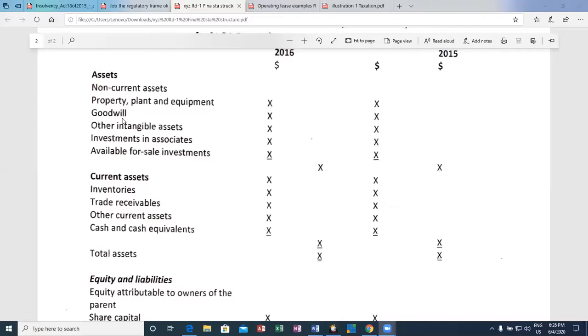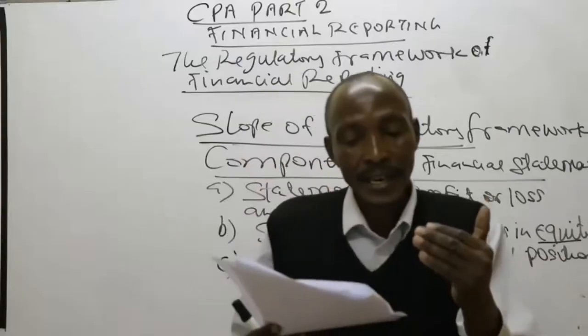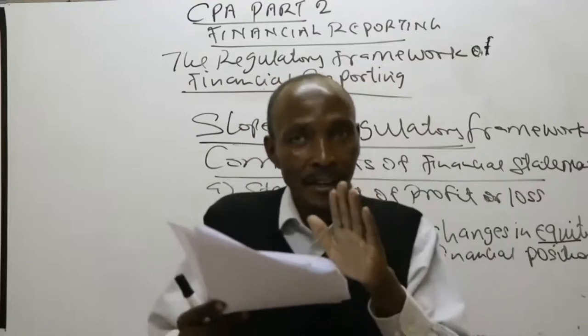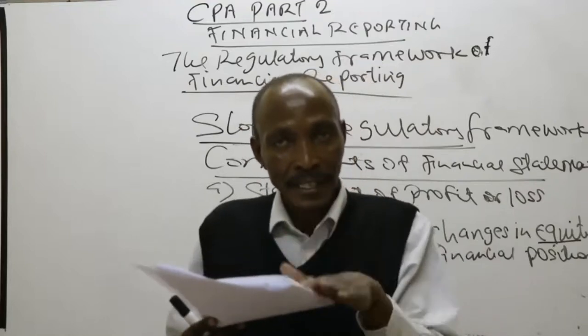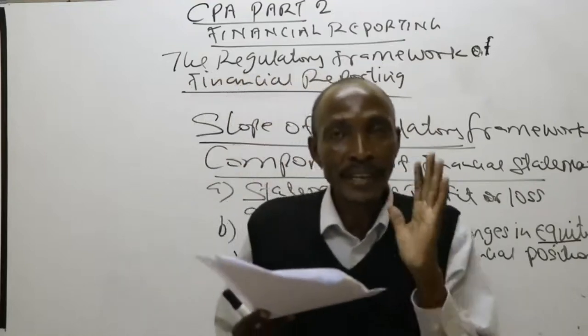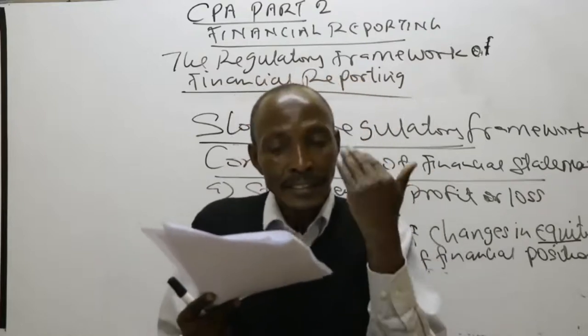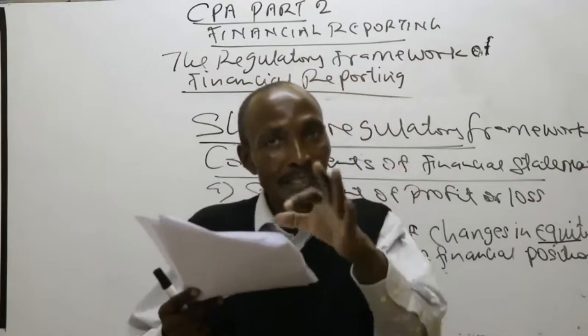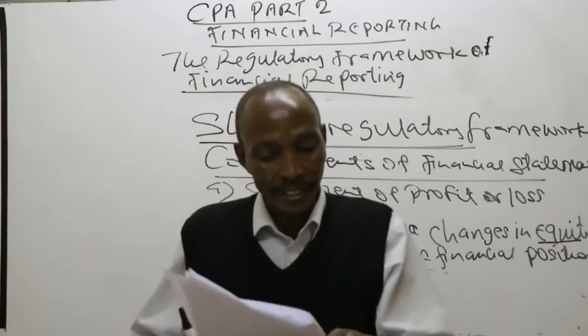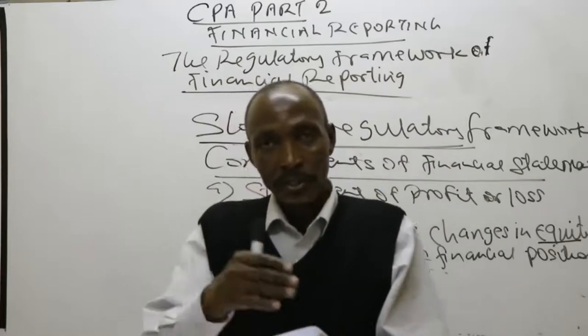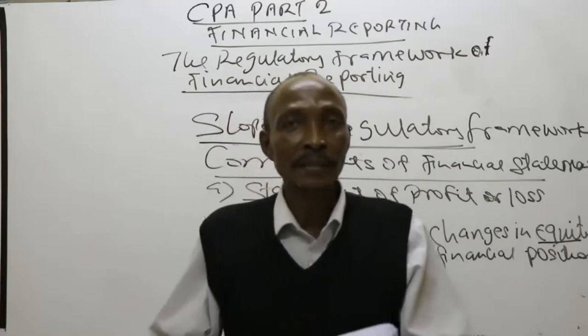And then the current assets have to be fitted under either inventories, receivables, other current assets, or cash and cash equivalents. That language must be very specifically kept. So from this point on, when you're learning accounting, learn accounting with those particular terms in mind for purposes of presentation. Then, of course, the sum total of all the assets will be given after that.